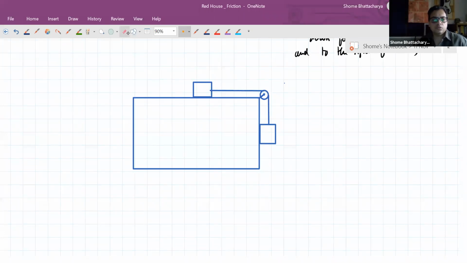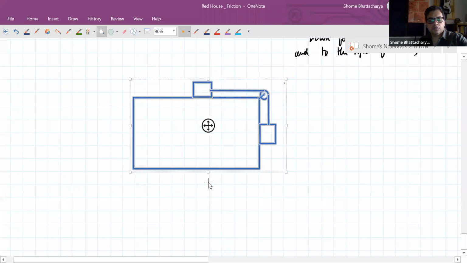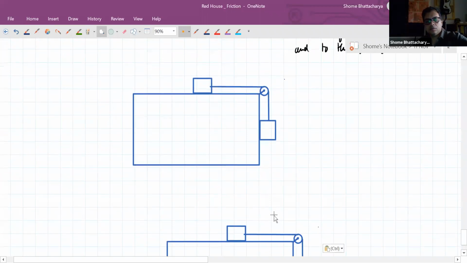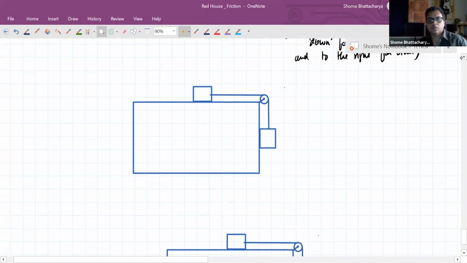Because I'm going to use this diagram once more, I'll just make a copy of it. But yeah, for the minimum case, let's work out first.